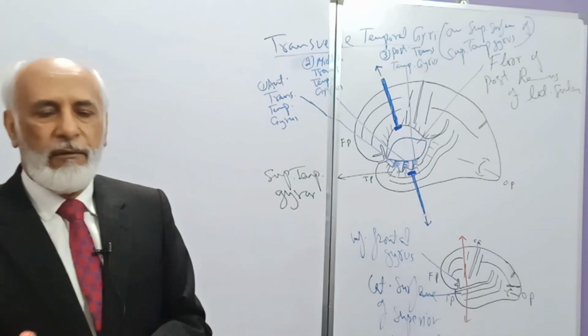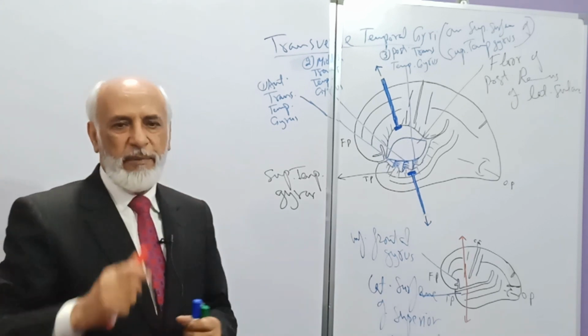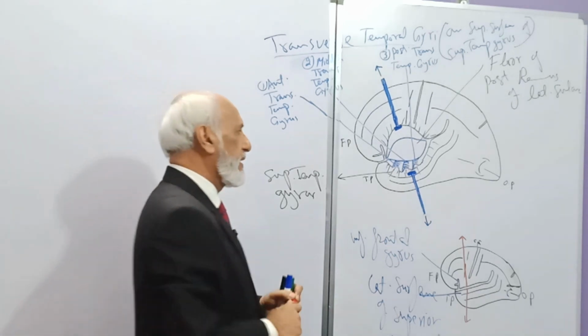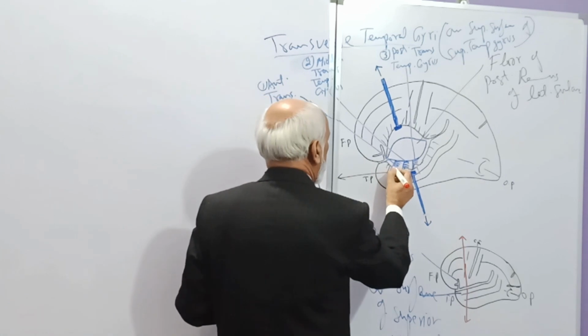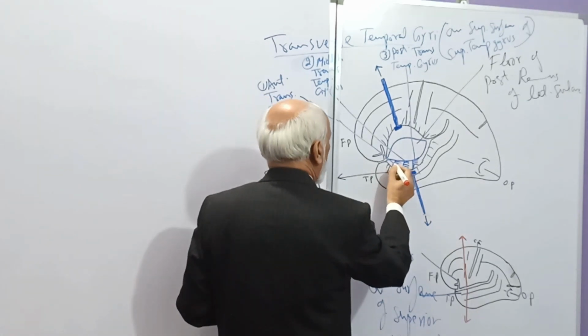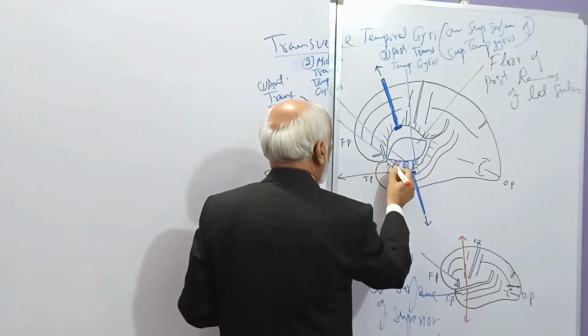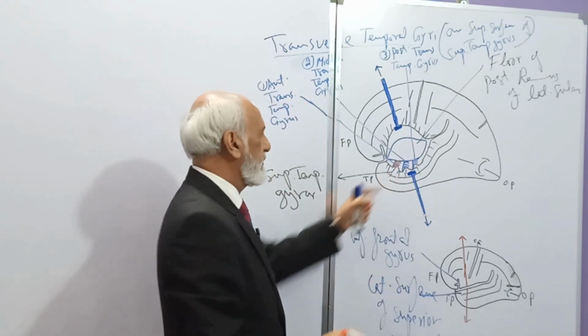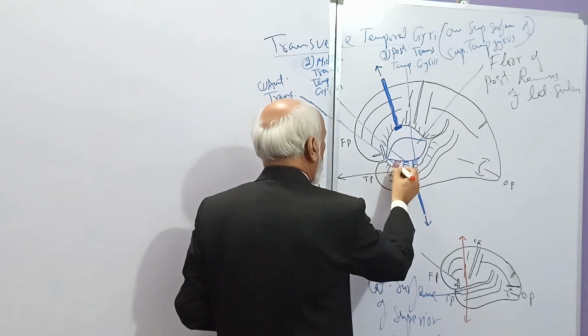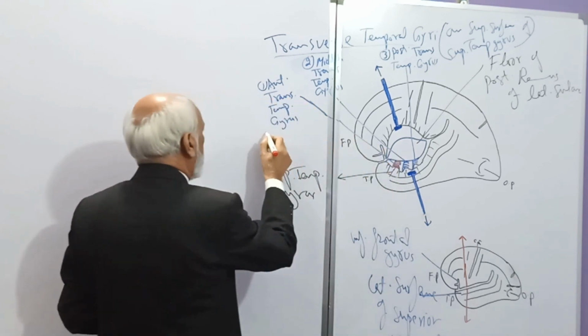Now, what is the importance of it? It is very important because in the anterior transverse temporal gyrus, there is the hearing center, part of the auditory center or hearing center.